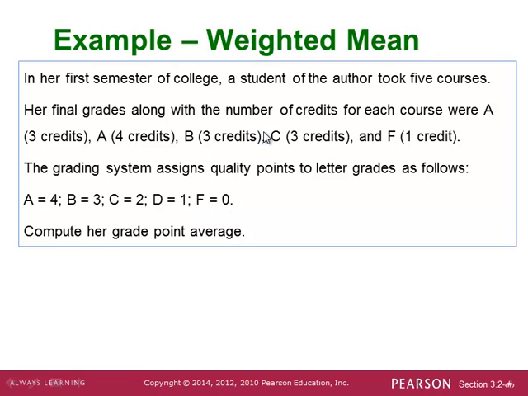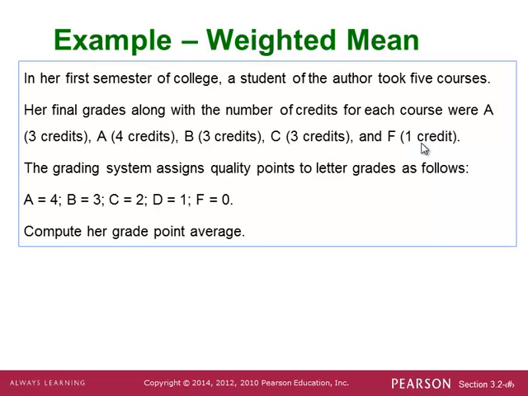Now, suppose that for a semester you earned an A in a 3-credit class, an A in a 4-credit class, a B in a 3-credit class, a C in a 3-credit class, and an F in a 1-credit class. What is your GPA for that semester?